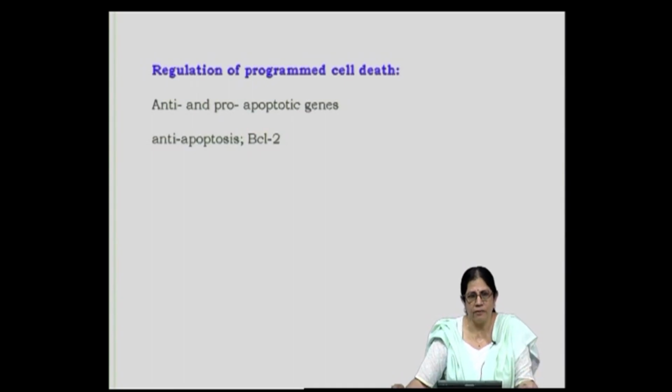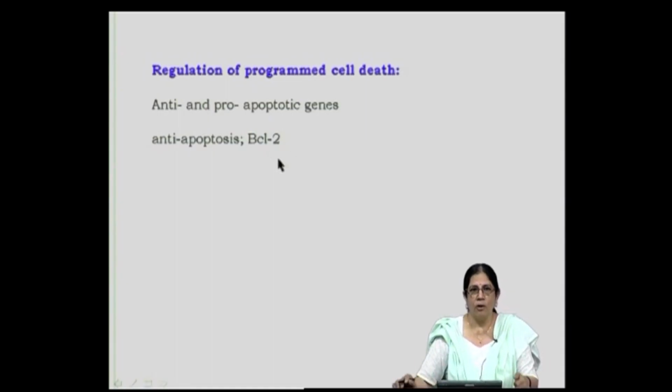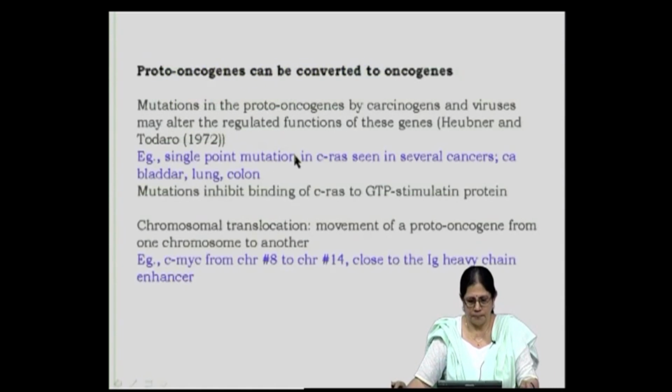There are pro-survival proteins and there are anti-survival proteins. Those that are pro-survival proteins, such as BCL2, are anti-apoptosis proteins. Mutations in these would not allow a cell to undergo apoptosis, and therefore, there would be uncontrolled proliferation.